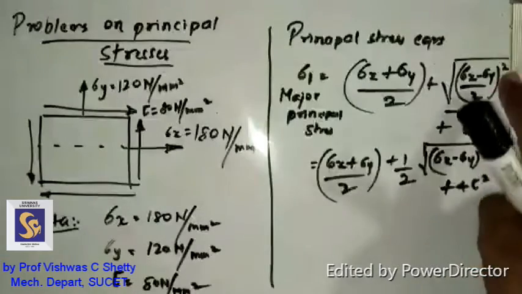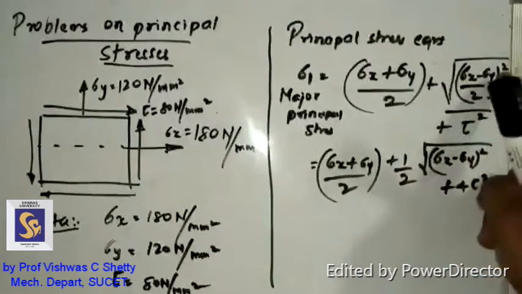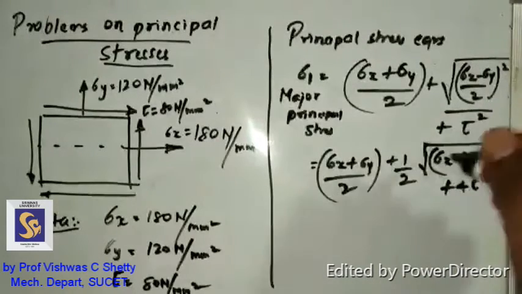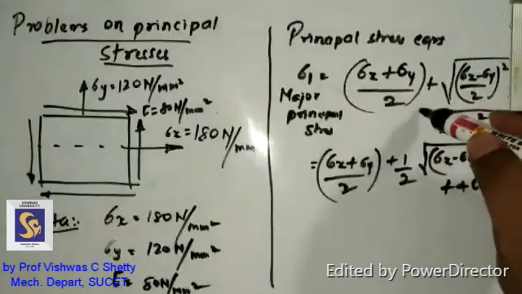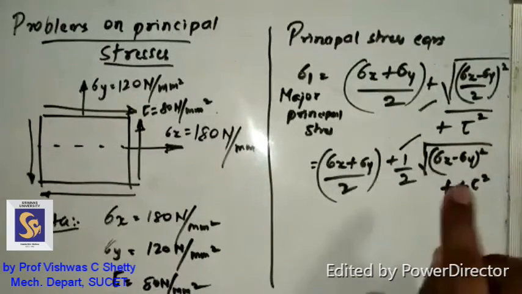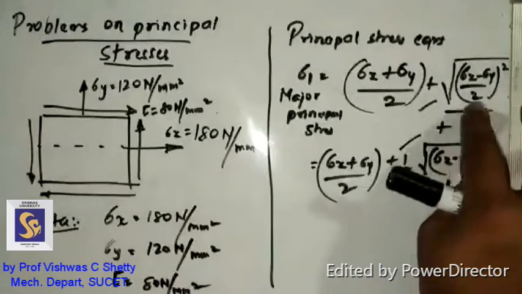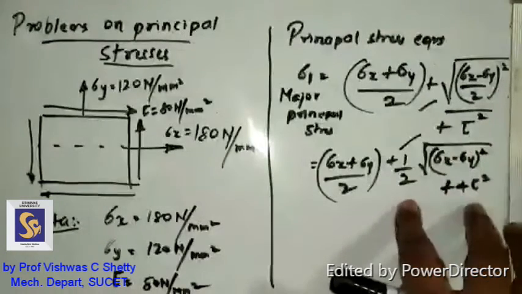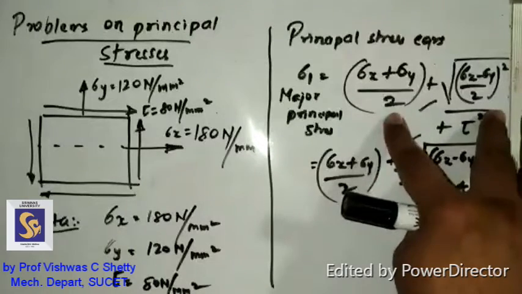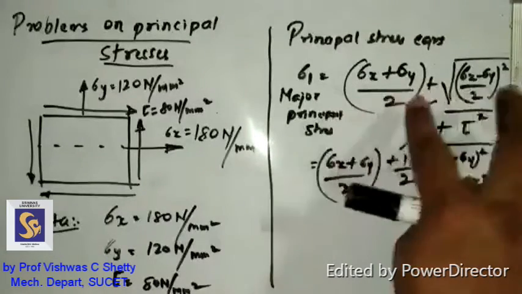The 4 gets cancelled and 2 comes inside the bracket. So these are two different ways of writing the same formula. Are you okay with this? Either you can use this formula or this formula. Some textbooks write it in this way.